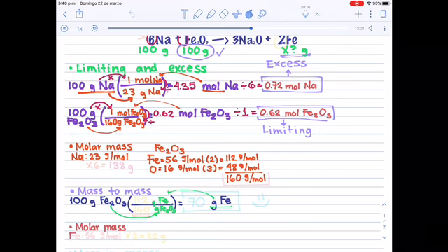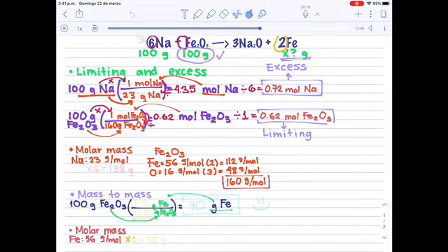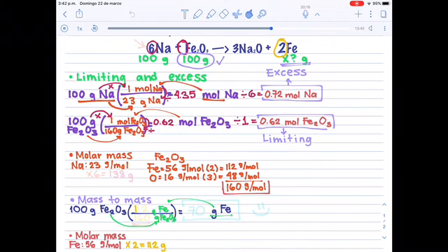For iron, it will be 56 times the coefficient, which is 2 in this case, and it is 112. As we already have the molar mass of iron 3 oxide, we just need to check what is the coefficient in case that we need to multiply it. As it is 1, we are going to use it like that, so we write the 160 grams. As a final step of this section, we multiply the 100 grams times 112 divided by the 160, and we get a result of 70 grams of iron. And this will be the result of this section.